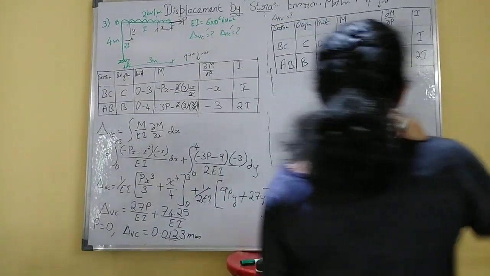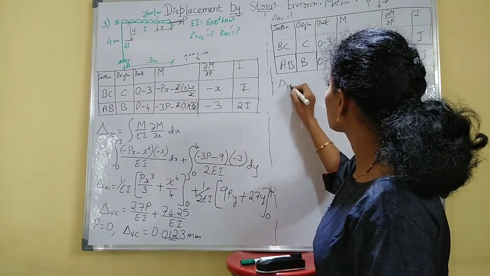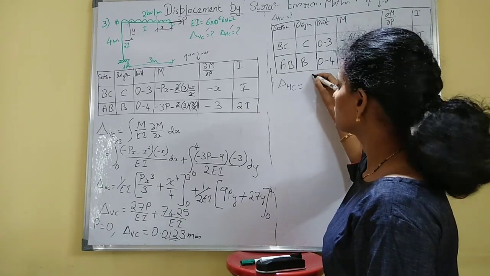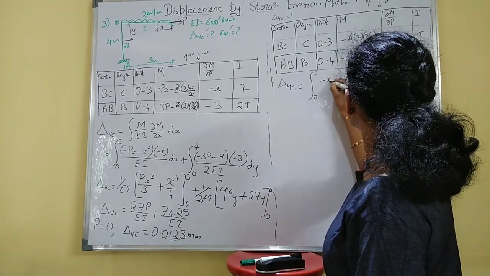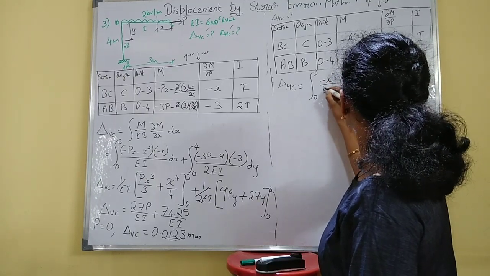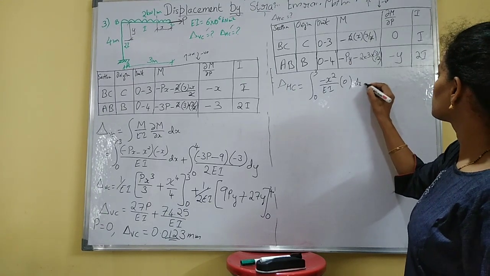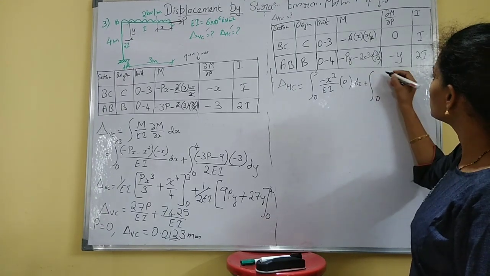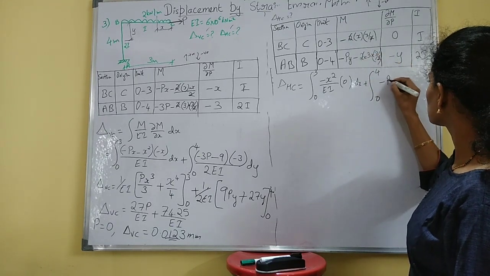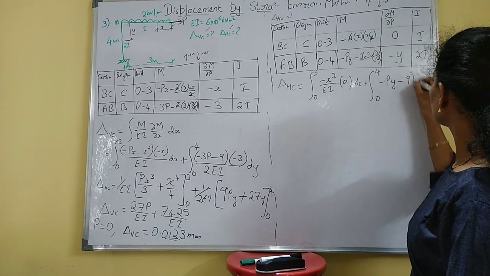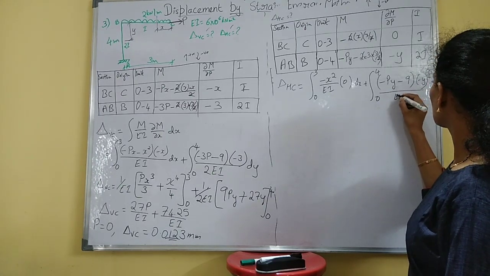Now just find delta Hc: 0 to 3, minus x square by EI into 0 dx, plus 0 to 4, you have minus Py minus 9 into minus y divided by EI into dy.